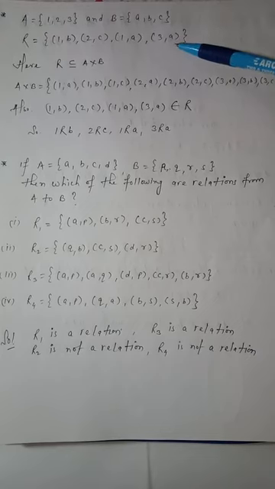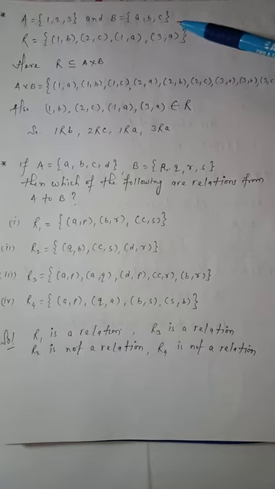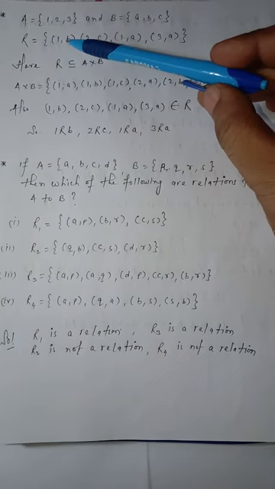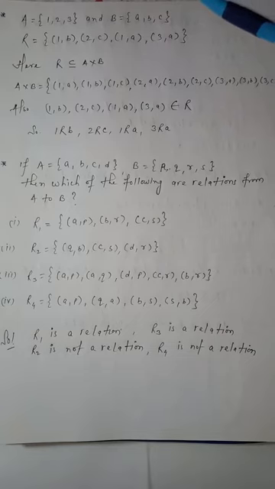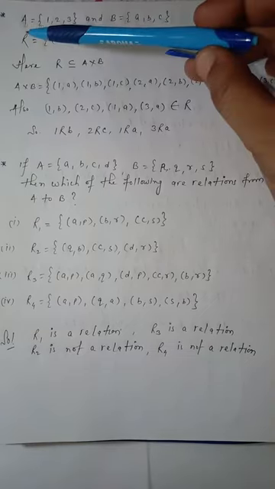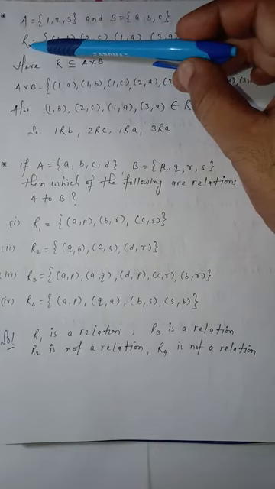Because here the rule is not given, only this is given. So how will we check? The main concept is that R must be a subset of A cross B.